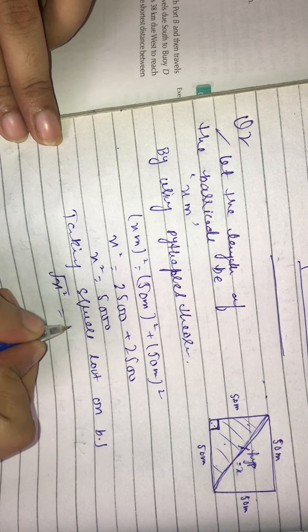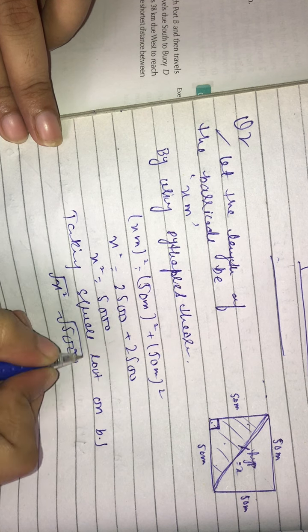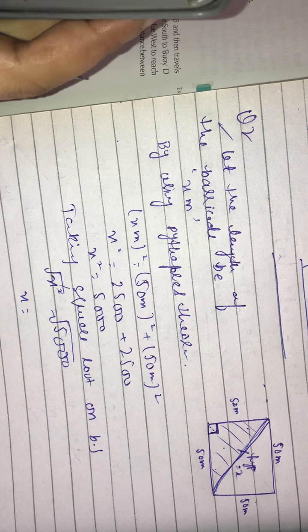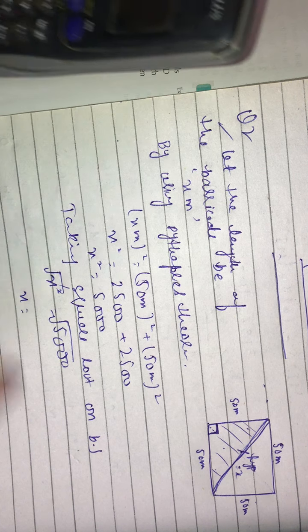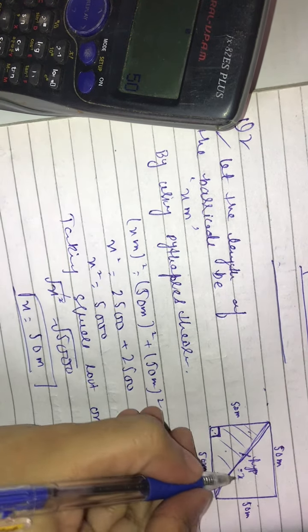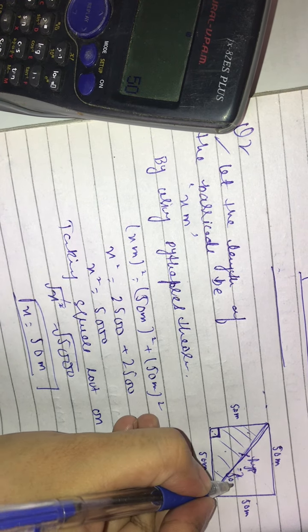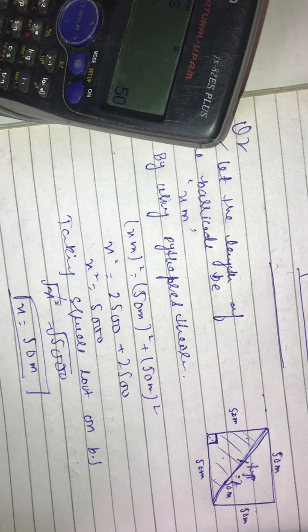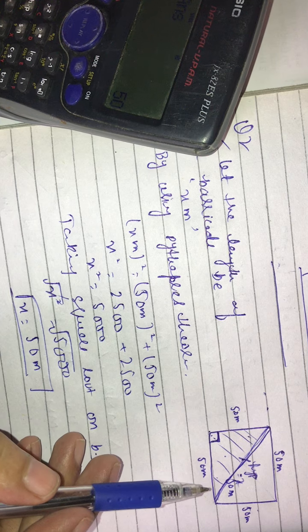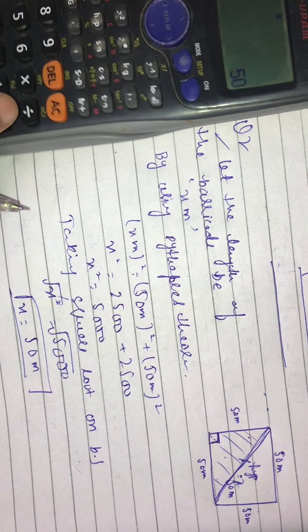This is the square root of 5000. The square cancels with the square root, then x equals 50 meters. It means the length of the diagonal is also 50 meters.